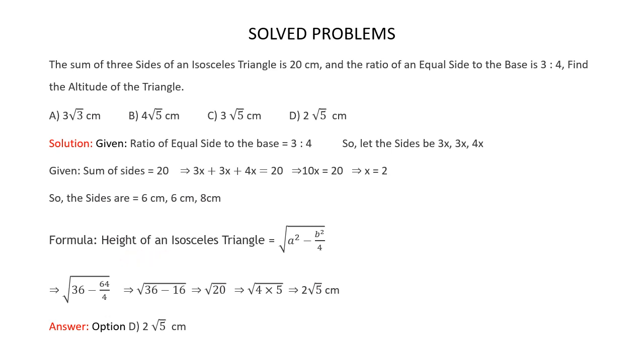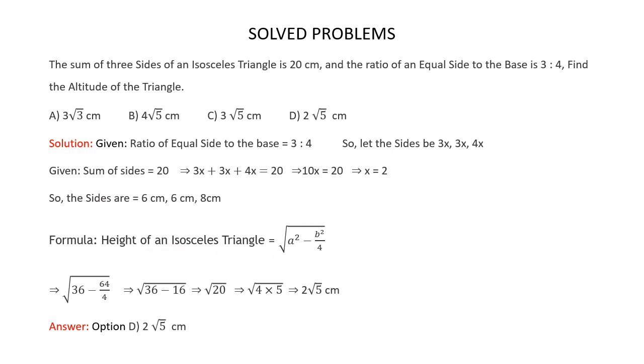Now we have to find the height of the isosceles triangle. We know that the height of the isosceles triangle is equal to square root of a squared minus b squared by 4. Now we have found out that the value of each of the equal sides is 6 centimeters, that is, a is 6 centimeters and the third side b is 8 centimeters.